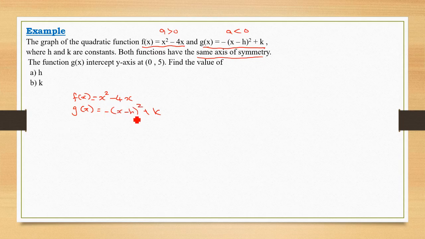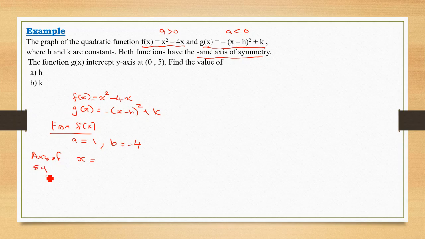The axis of symmetry is the value of x. So from f(x), I need to find out what a is. A is the coefficient here, which is 1, and b is negative 4. How to find the value of x? This is your axis of symmetry.